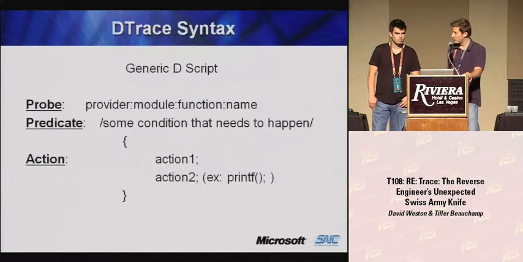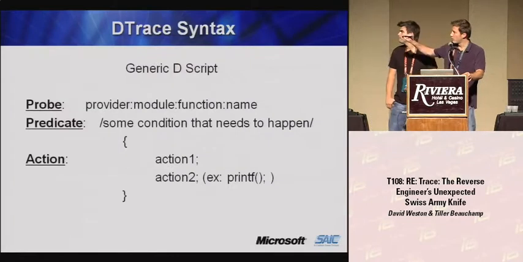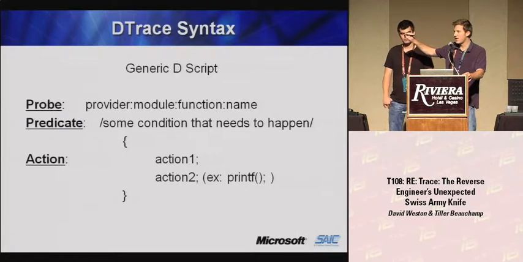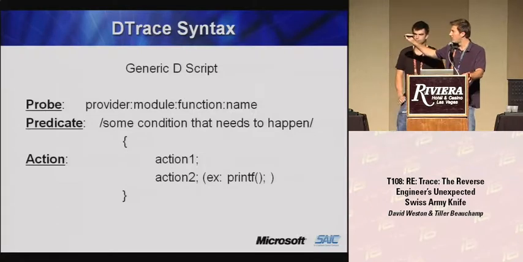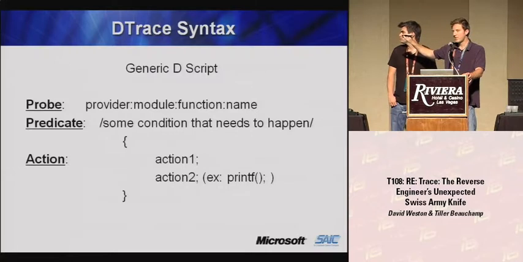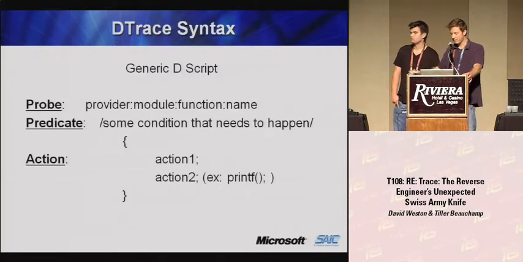The syntax looks like this. You've got your probe, which consists of the category, the module, which is usually a library, the function name, and then this last field, which is usually the entry point of the function, the exit point of the function, or every instruction within that function. The predicate is the conditional statement that's evaluated to true or false, and then the action is carried out depending on that predicate.